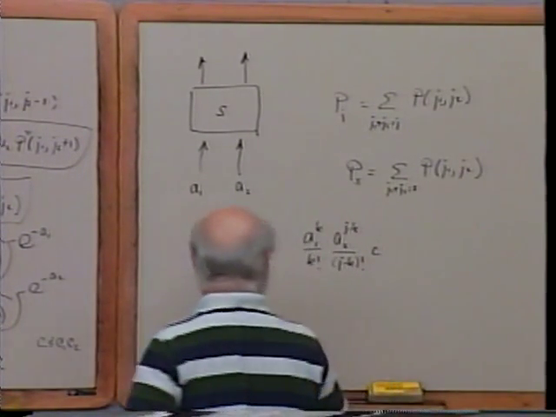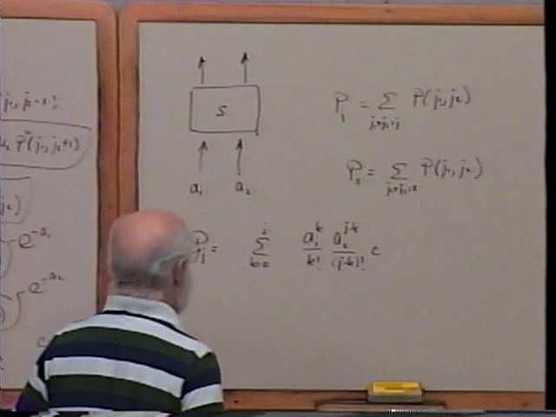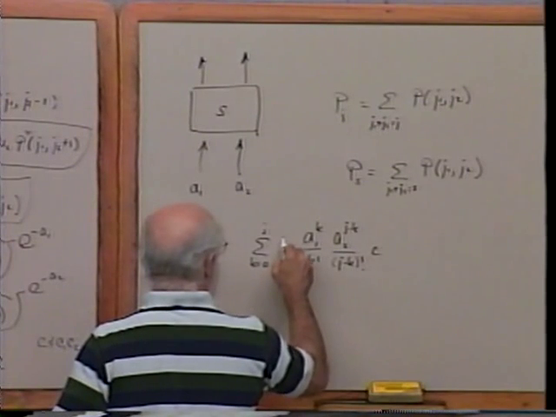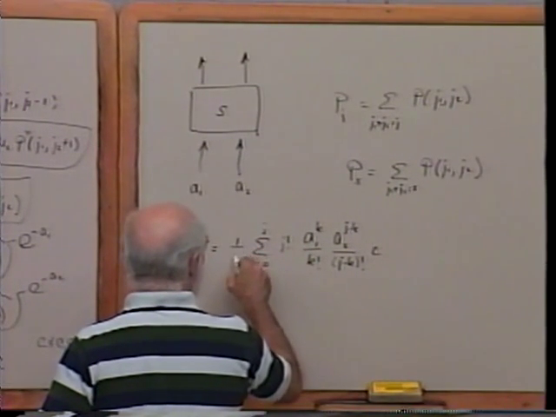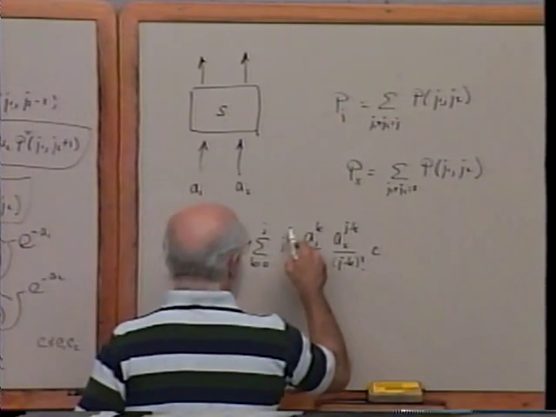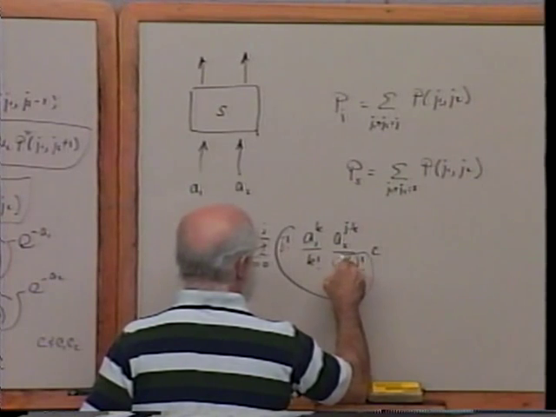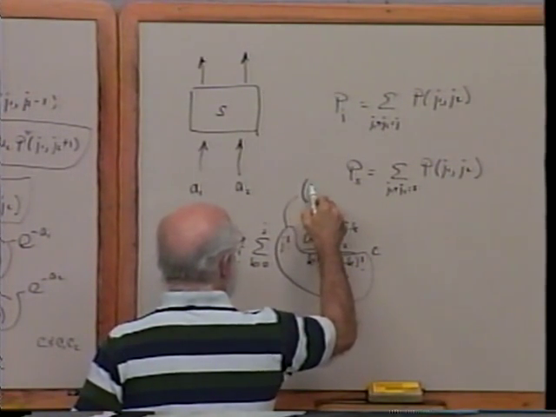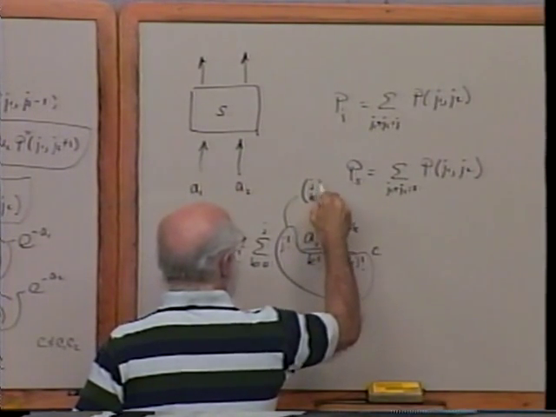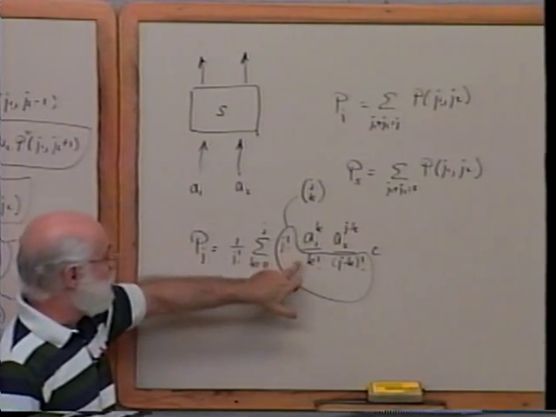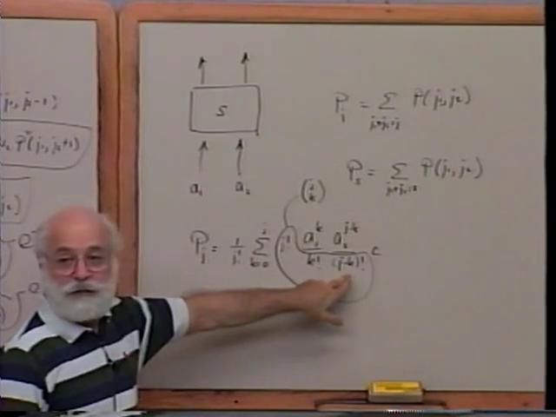OK, but now I'll do it like this. Let's see, what I'm going to do is multiply by j factorial and divide by j factorial. And then recognize that this piece here is exactly the binomial coefficient j choose k. Right? J choose k is j factorial divided by k factorial times j minus k factorial.